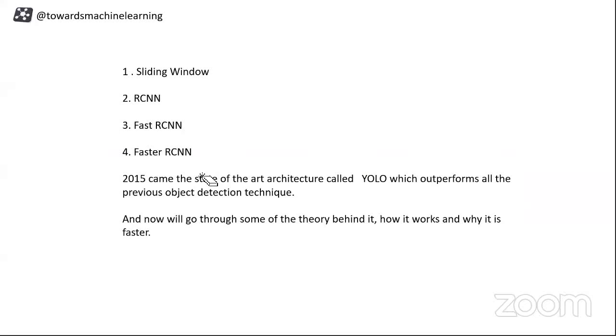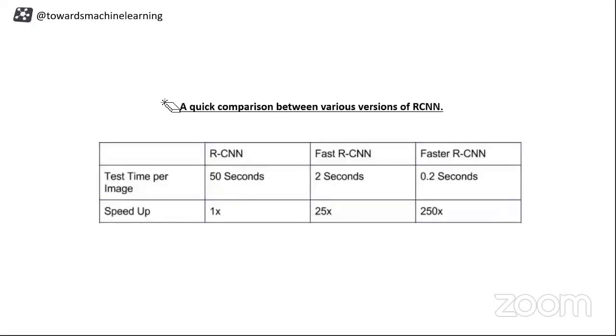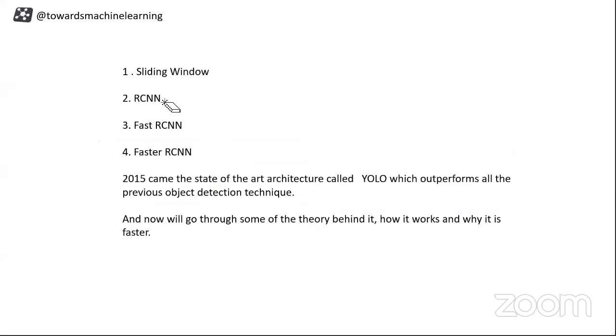So we started with the sliding window and came to RCNN. I'm sorry, we are running late, so I take some fast jumps, but you can read about it. The sliding window had disadvantages: it took too many regions of an image into consideration. We jumped to the selective search algorithm, used in RCNNs, and even with it, it took 50 seconds per image.